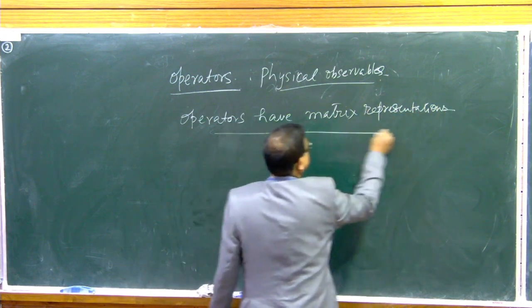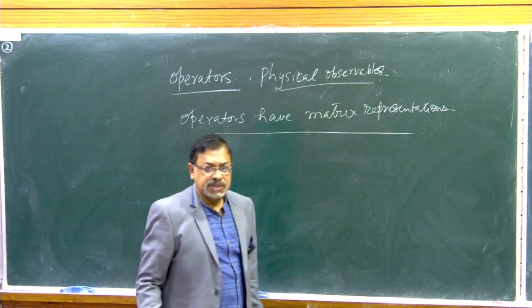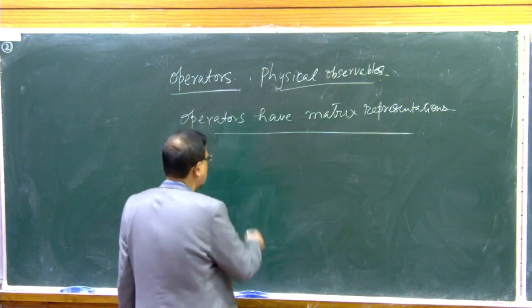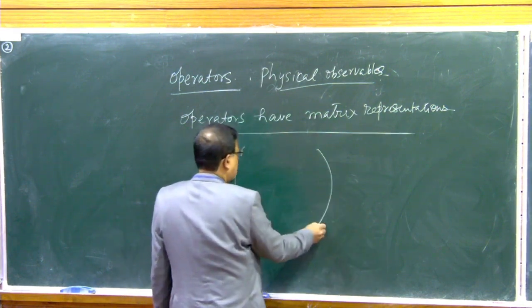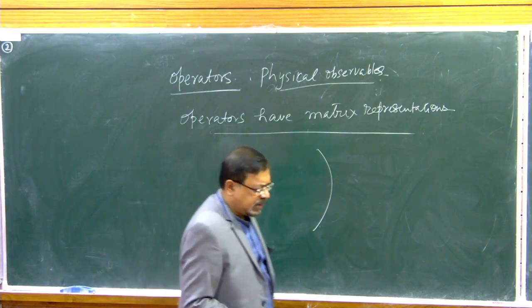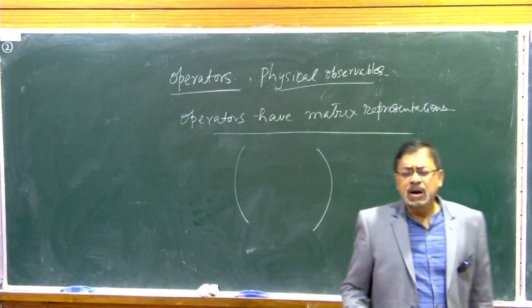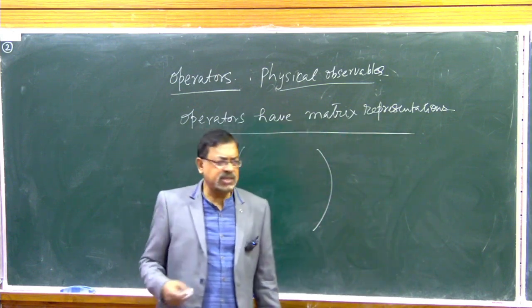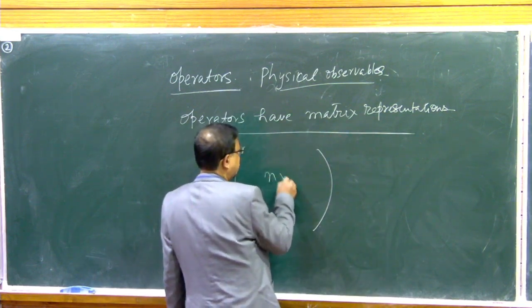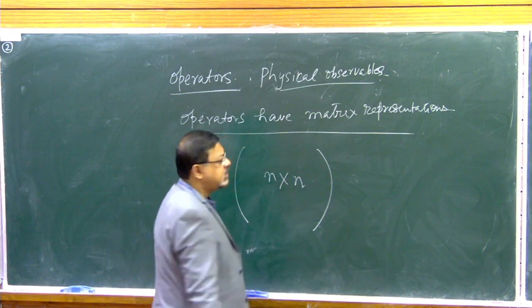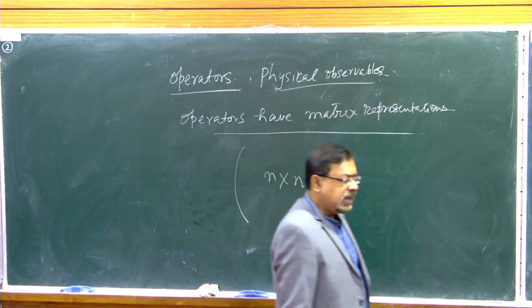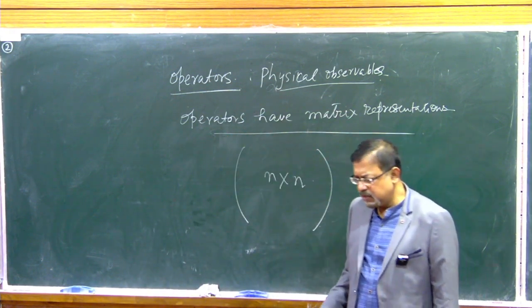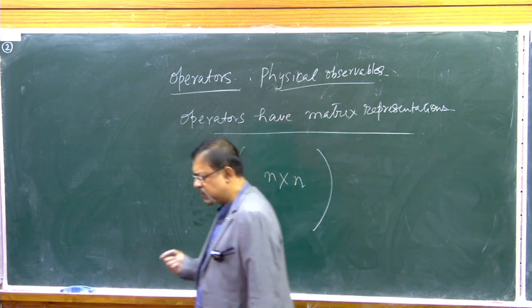All right, so what's a matrix representation? You know matrices. We can talk about an n cross m matrix, but mostly we talk about square matrices, for example an n cross n matrix, and so on. Each of the operators that we have talked about, such as momentum, such as position.